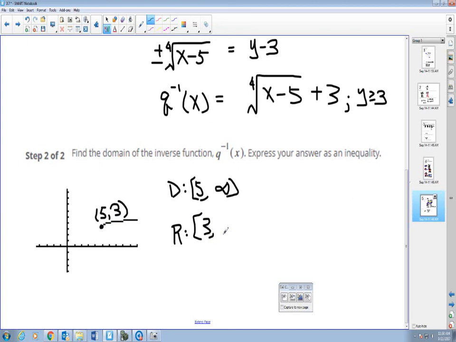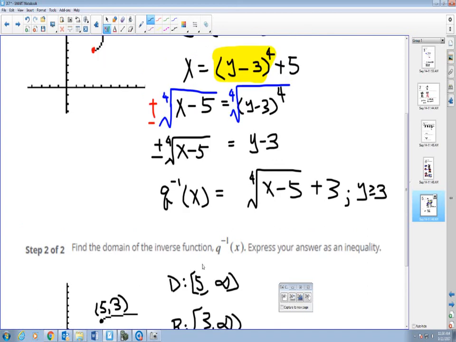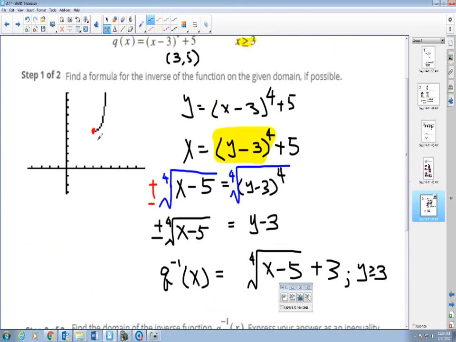Now compare the domain and range of the inverse to the domain and range of the original function. This point is 3, 5. So that means the domain for my original function starts at 3, keep on going to the right.